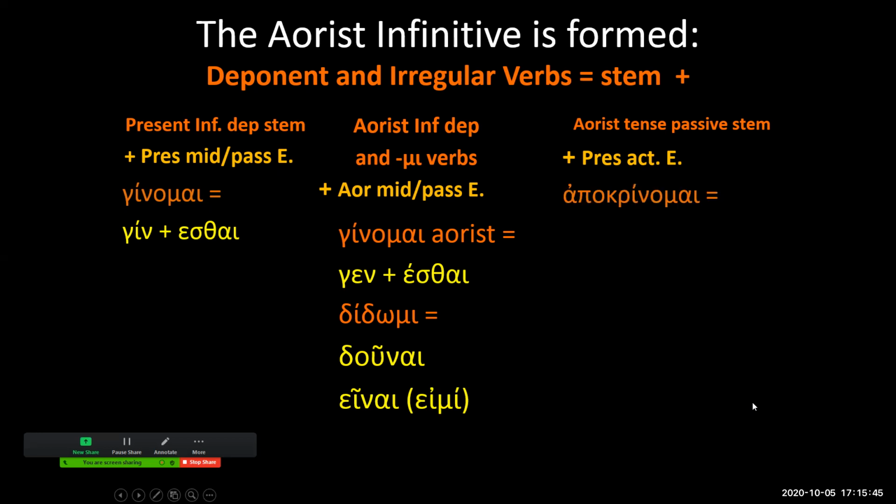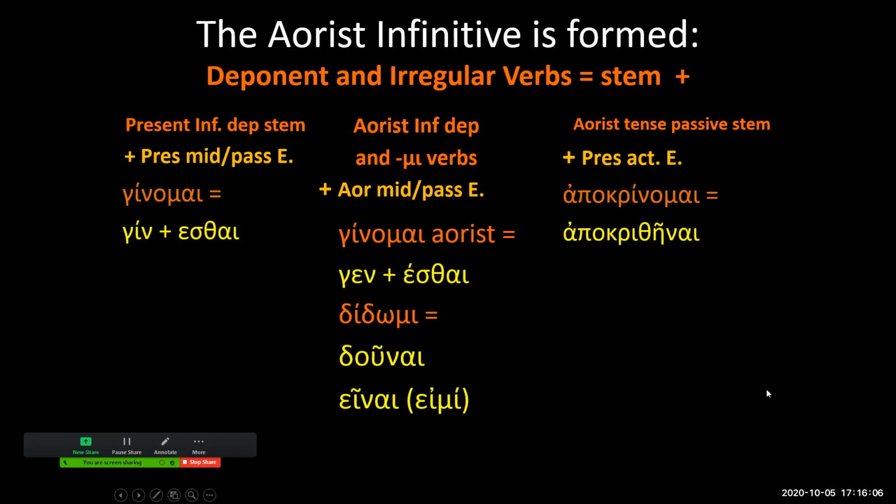With a passive form or a deponent form, as we've called it before back in chapter 9, apokrinomai looks like it is middle or passive, but remember it's translated actively.